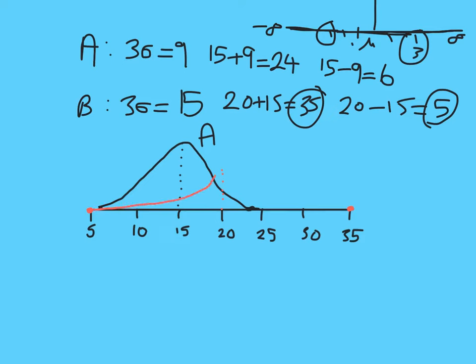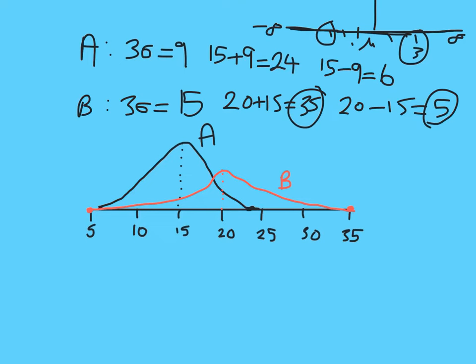So this one is going to have to be lower. Okay, and that is because they're representing the same area. Now hopefully you can draw ones that look a little smoother than mine. It's quite hard on this app, but the idea of those two is that they're smooth, they're symmetrical around the mean, and they're representing the same area.